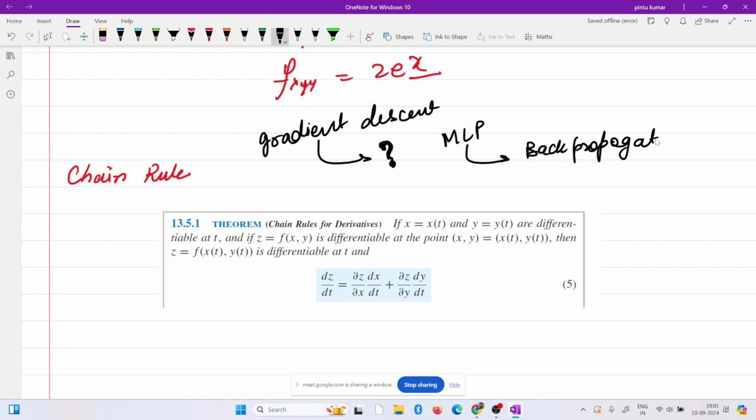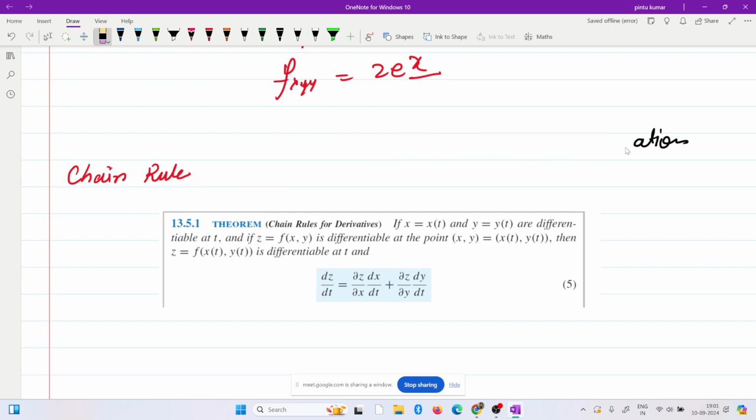And back propagation is nothing but a machine learning name for chain rule. People who do machine learning call it back propagation, but that is nothing but a use of chain rule.